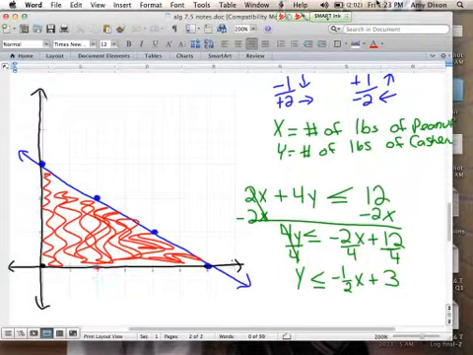Let's pick a point on here. How about 2, 0? Will that work for our problem? Well, 2 is your x value, so 2 would represent number of pounds of peanuts, correct? 0 would represent number of pounds of cashews. Can I go in and buy 2 pounds of peanuts and skip the cashews? Is there a specification in the problem that says I have to buy each one?